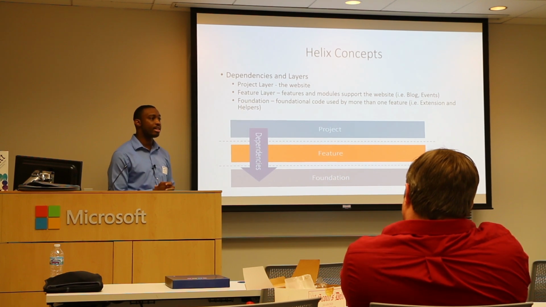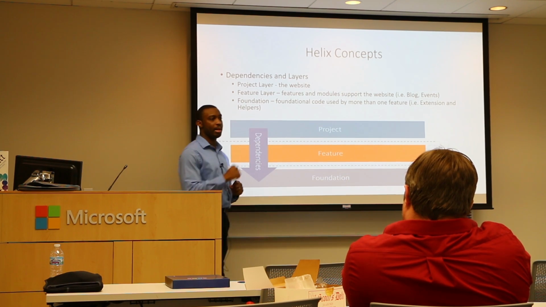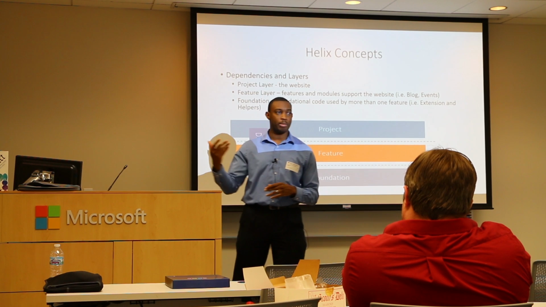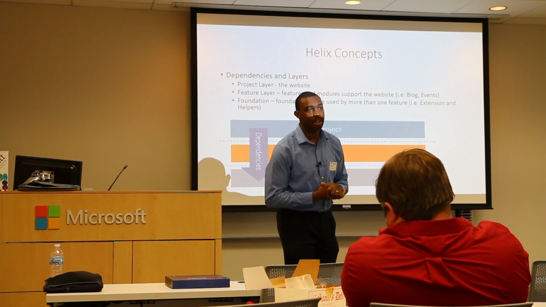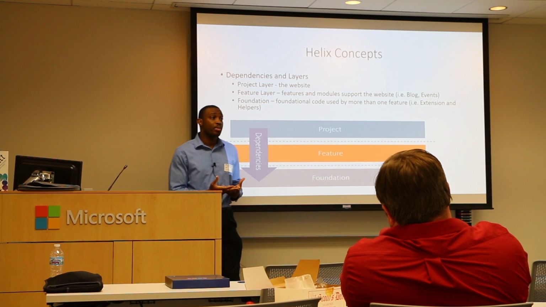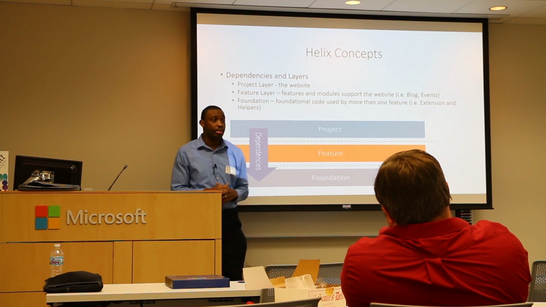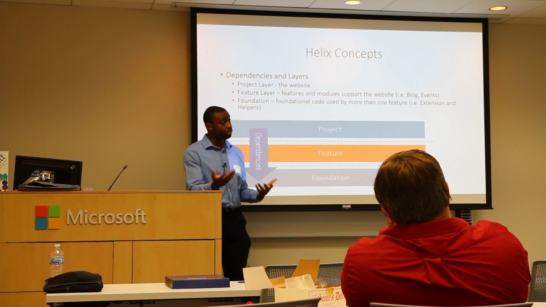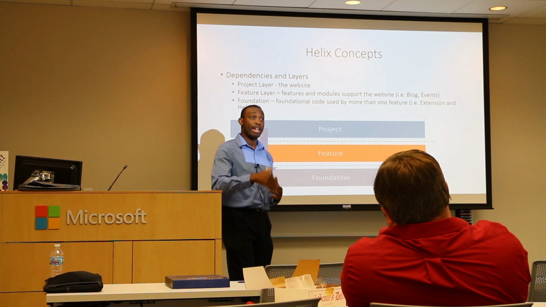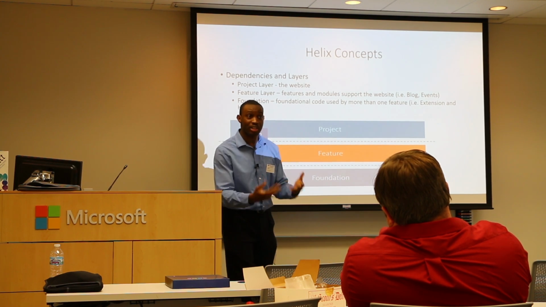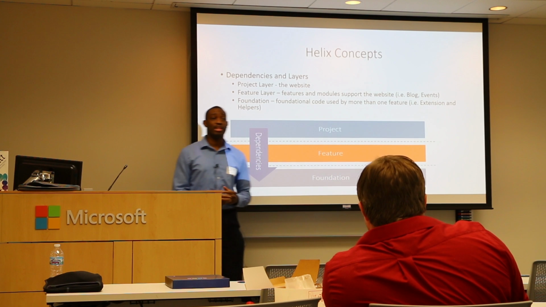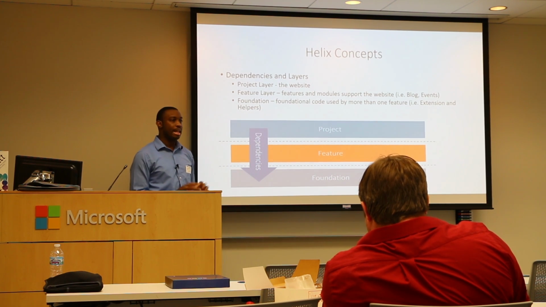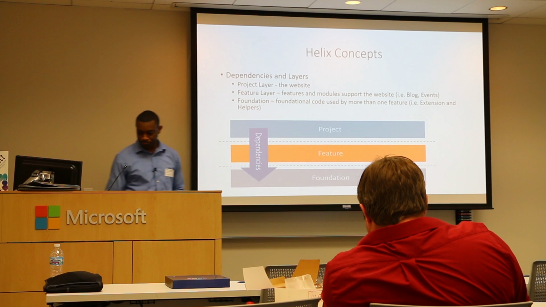The idea is not to have my code dependent upon your code, or have your code dependent upon my code, so that I can develop something without needing your assembly, so I can make a change to a production environment without breaking something else. Make a change to something else and over here breaks. So Helix is designed to prevent that.